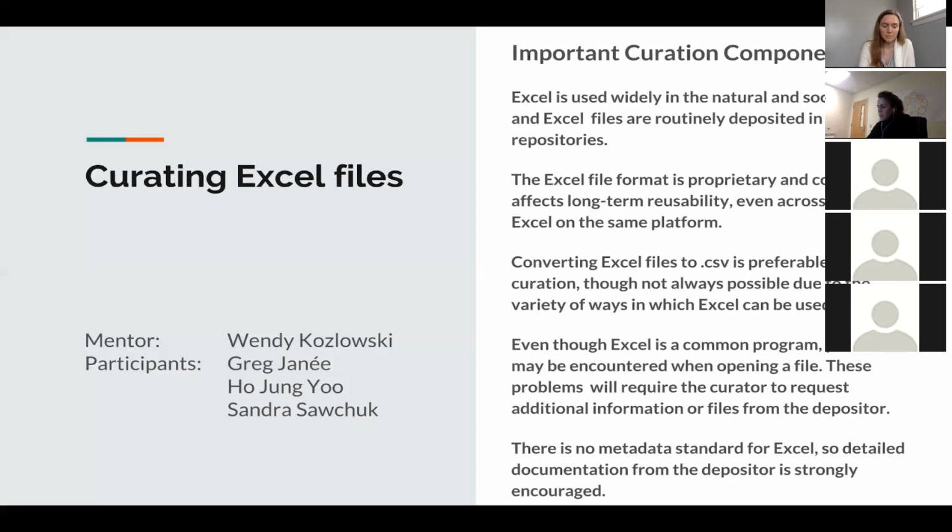So when we think about an Excel file as a workbook with a number of sheets contained in it, when we convert to CSV, we're really missing out on a lot of structural information about that file. In addition, Excel files can reference other worksheets or workbooks.